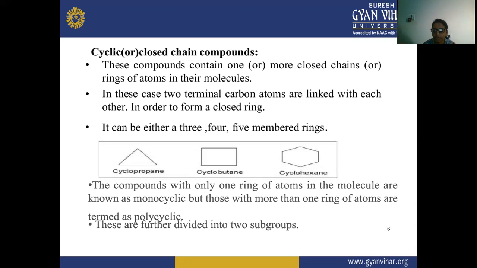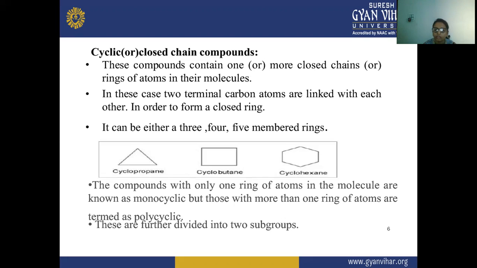Next example is your cyclobutane. In cyclobutane, you can see the four carbon atoms are linked to each other, and they form a ring, and that is why it is a cyclic or closed chain compound.